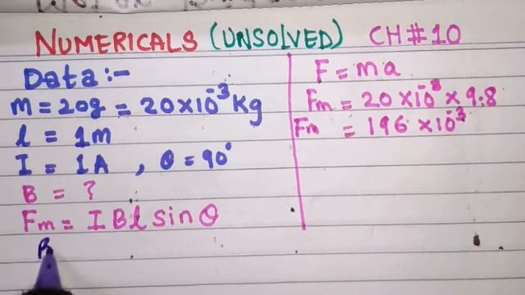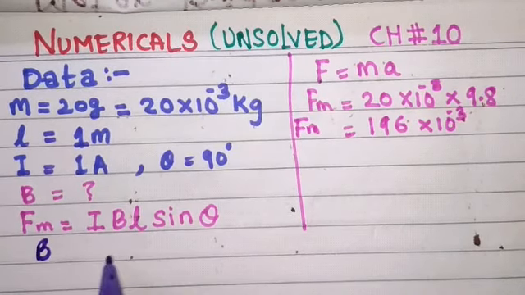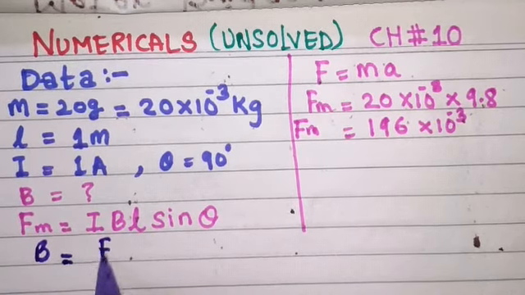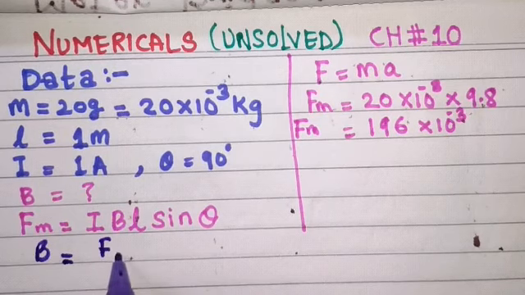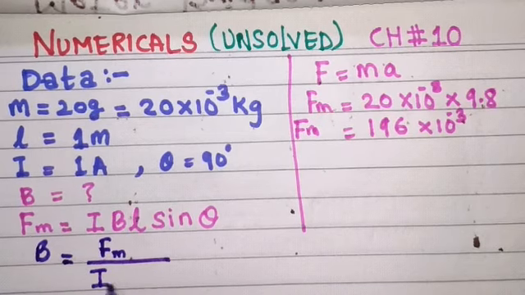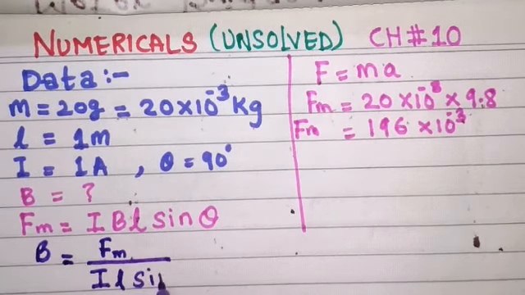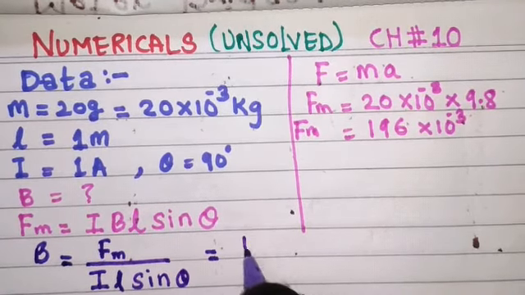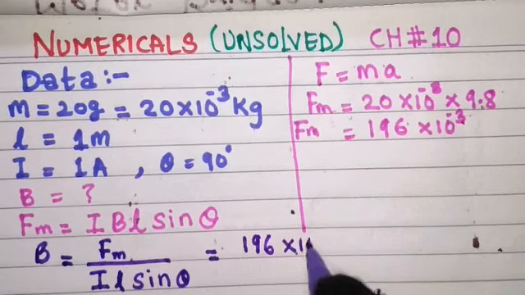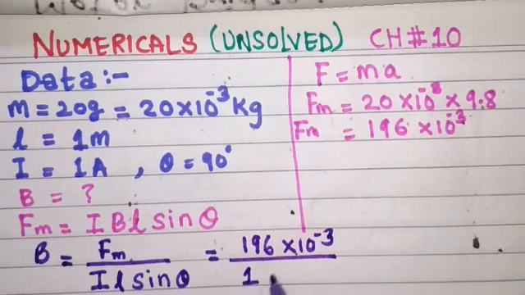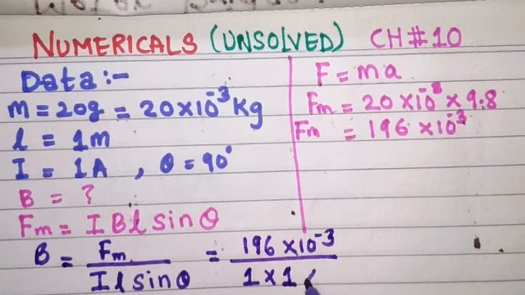If we rearrange the terms, we have to find B, so B stays in its place, and the remaining term is magnetic force upon I L sine theta. Now magnetic force itself is 196 into 10 raised to minus 3, upon I given as 1 ampere, L given as 1 meter, and sine 90 itself is 1.